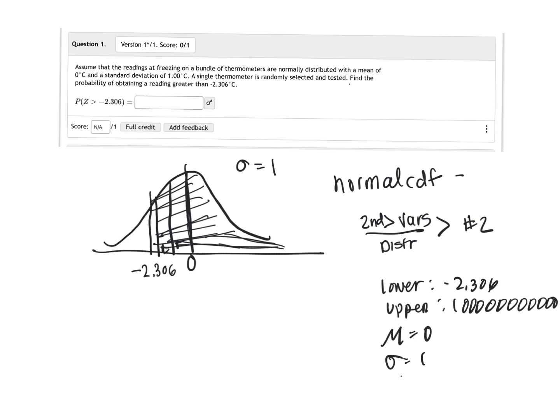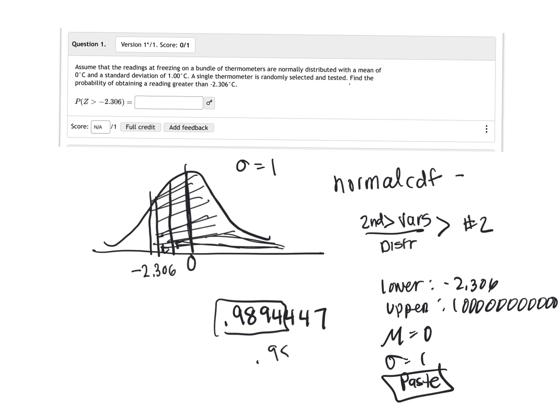And then hit paste. This is 0.9894447. Right. Probably want to do that to 4 decimal places, so right here. Rounding down, so 0.9894.